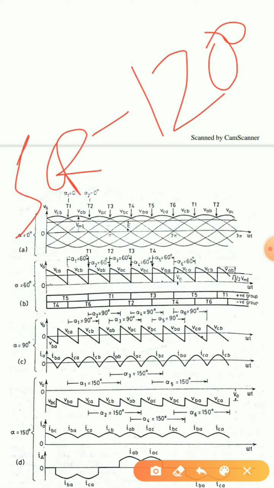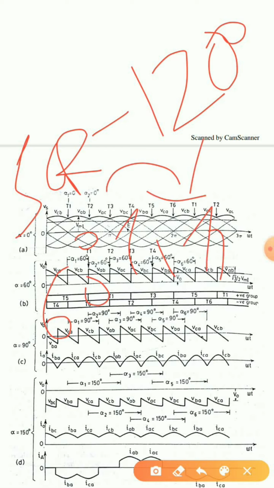Now let us discuss the operation of this 3-phase full converter. As we have said, after every 60 degree a commutation will occur. Every thyristor will operate for 120 degree, whatever may be the thyristor, and after 60 degree there will be a change.